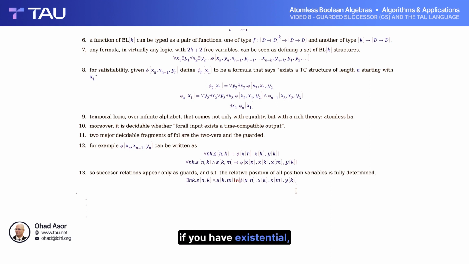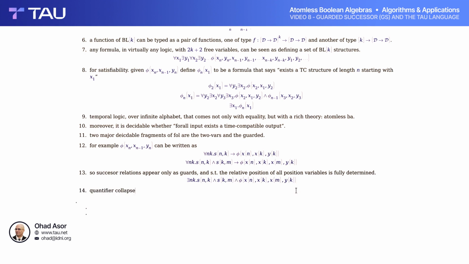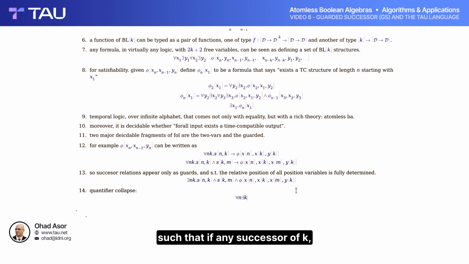But first, let me show you quantifier collapse. If you have for all n exists k such that if n is successor of k, then all the rest.